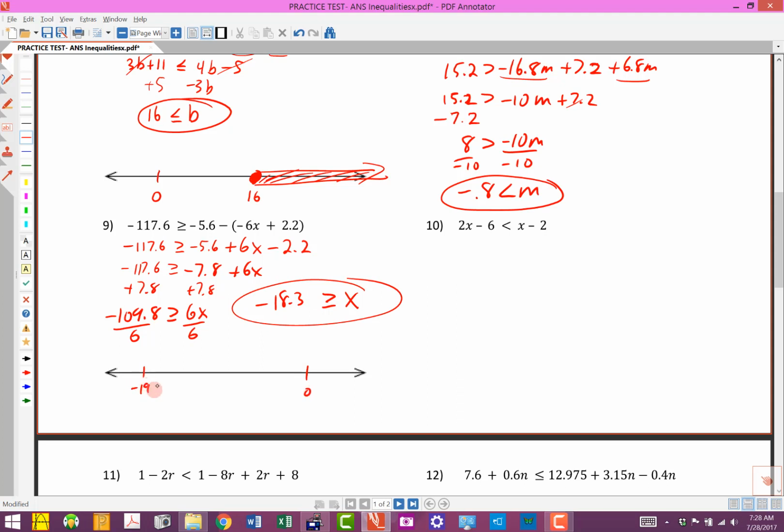I'm going to put negative 19 right here, and I'm going to put negative 18 right there. So negative 18.3 would be somewhere right around there. I will go ahead and label that one negative 18.3 so everybody knows what we're looking at right there. And then the answers are less than negative 18.3. Again, x is less than negative 18.3. So we're going to be going in this direction right here. We're going to be going to the left, the less than side.